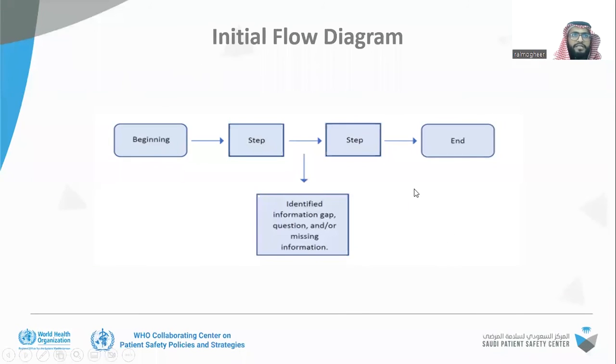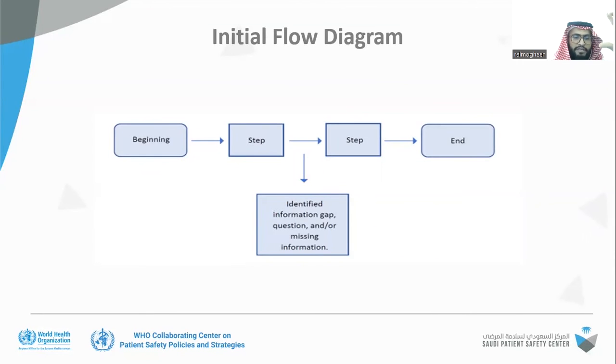Here you can see that there is a beginning, a step, then the end. We should identify each information gap in each step or process. Is my voice clear? Okay, excellent. So in each step, we should identify information gaps.